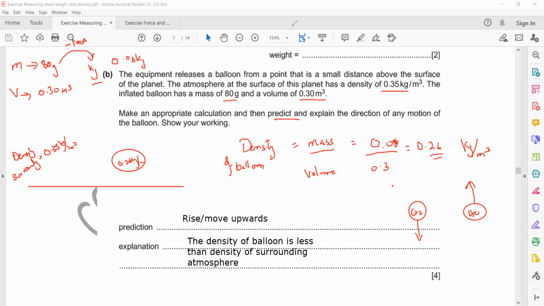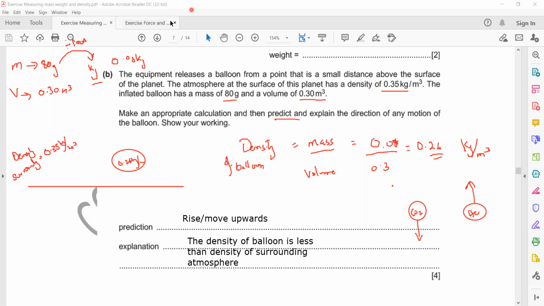Look, what happened in the question, they mentioned that there's an equipment, as shown in the previous part, that releases a balloon. A balloon is released a small distance above the surface of the planet. The atmosphere at the surface of this planet has a density of 0.35.